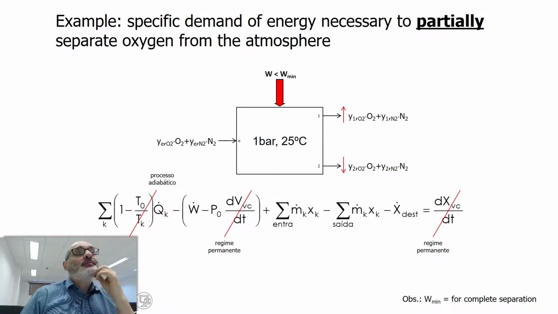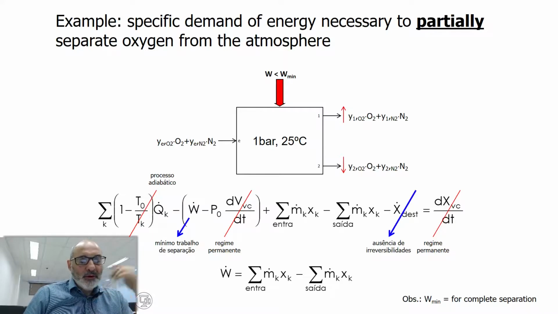Now we do the same. We apply our exergetic analysis equation. The process is adiabatic, permanent regime, and we want the minimum separation work. So we cancel the destruction of exergy.